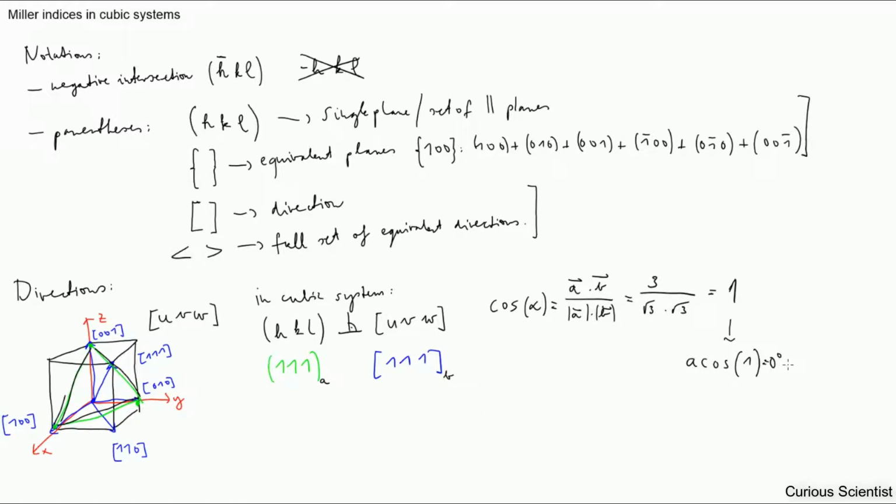And then if the angle is 0, that means that they are parallel, right? So we can say that A is parallel to B. So the normal vector of the plane is parallel to the direction of the 1 1 1 vector. And in cubic system it always works like this.